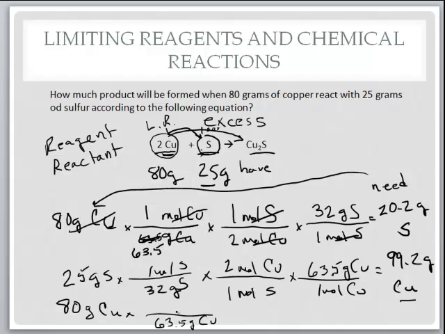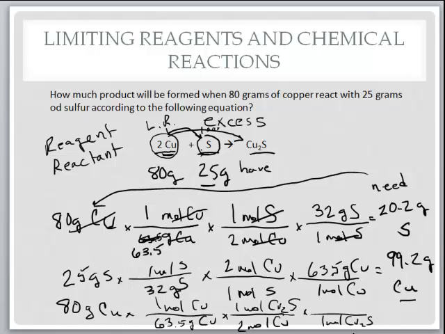63.5 grams of copper per mole of copper. Mole ratio is 2 to 1, so we would say 2 moles of copper to 1 mole copper 1 sulfide, and then we would say 1 mole copper 1 sulfide.